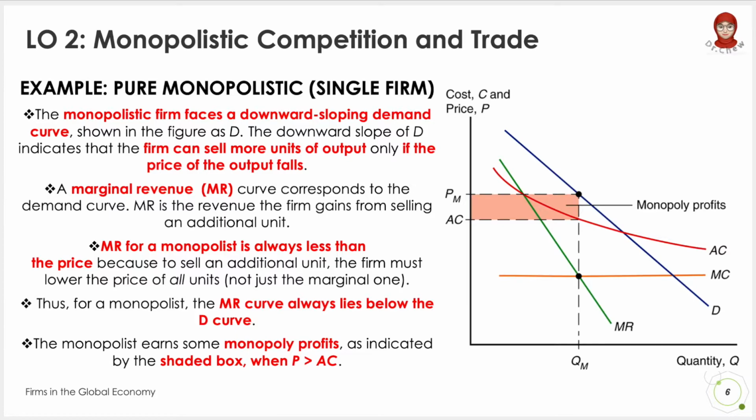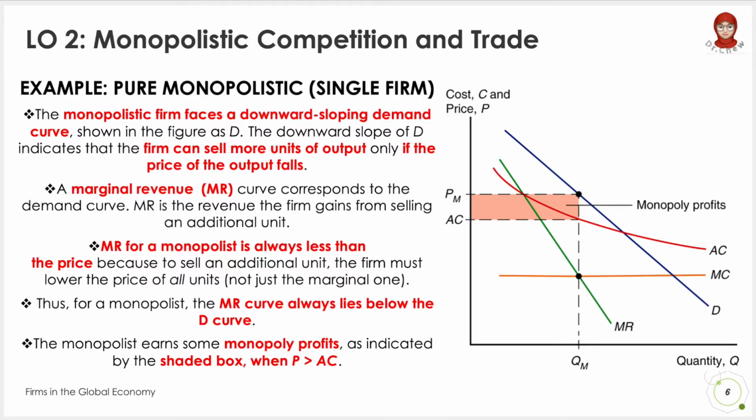Here, we discuss an example of pure monopoly, a market in which a firm faces no competition. The monopolistic firm faces a downward sloping demand curve, shown in the figure as D. The downward slope of D indicates that the firm can sell more units of output only if the price of the output falls. A marginal revenue (MR) curve corresponds to the demand curve.